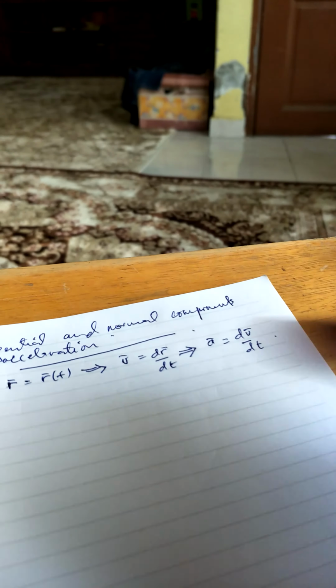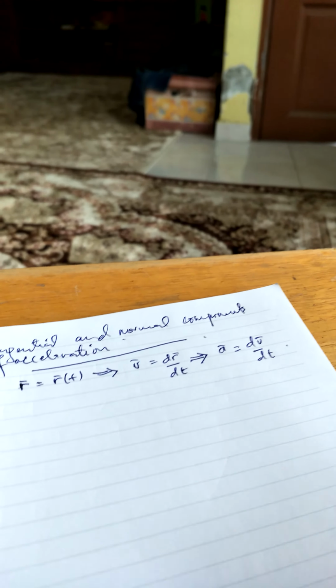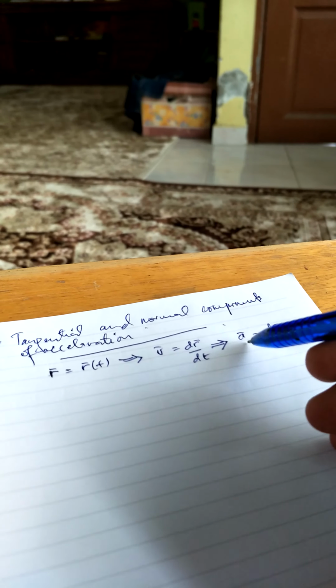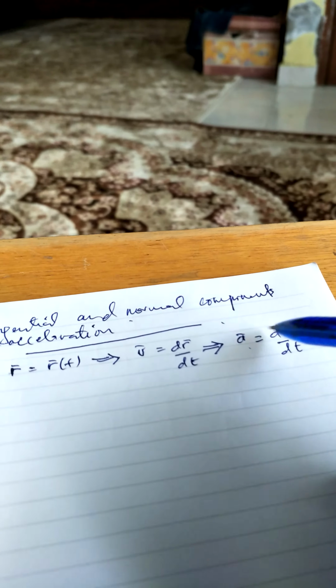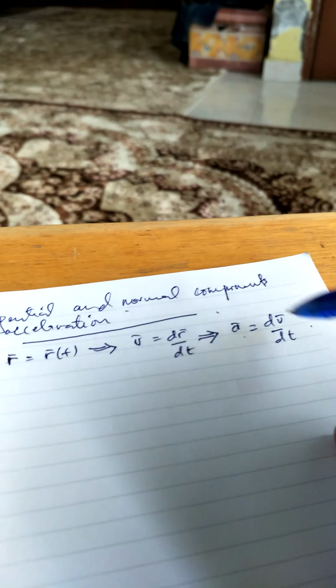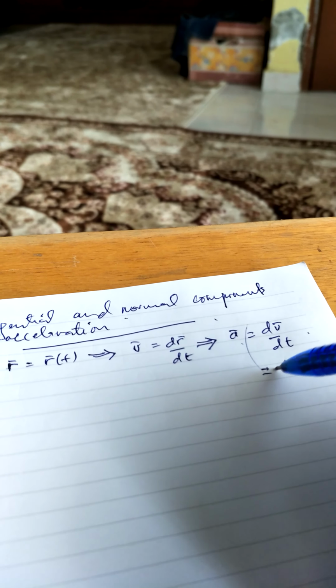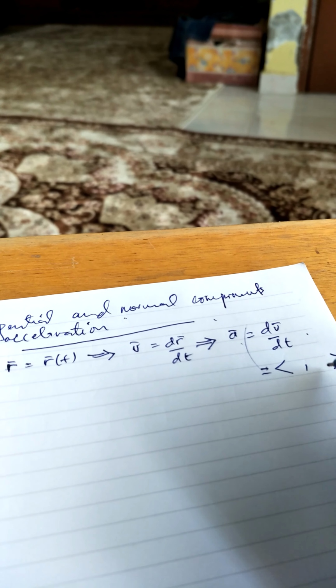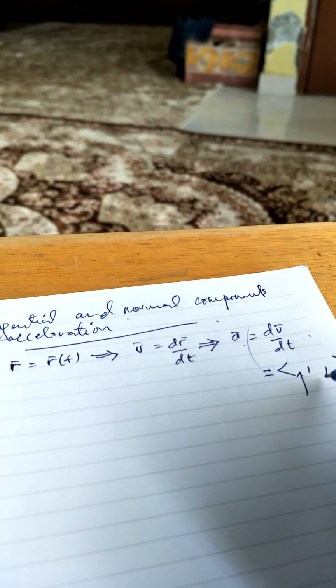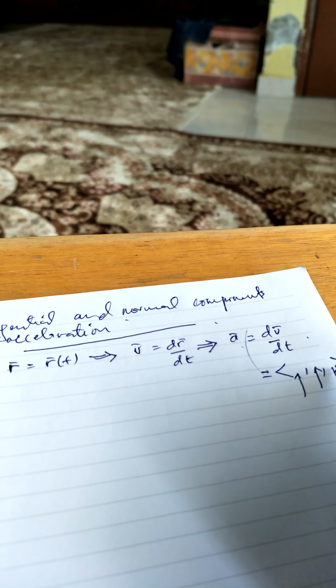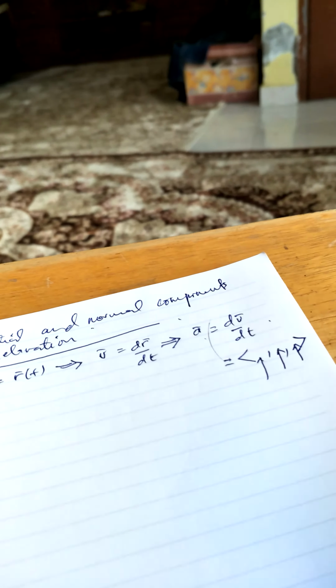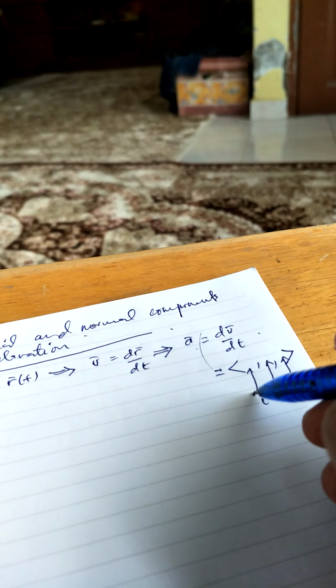All right, all these are vectors. So now we want to write a instead of just dv/dt, where in this case you may depend on component for i, component for j, component for k.